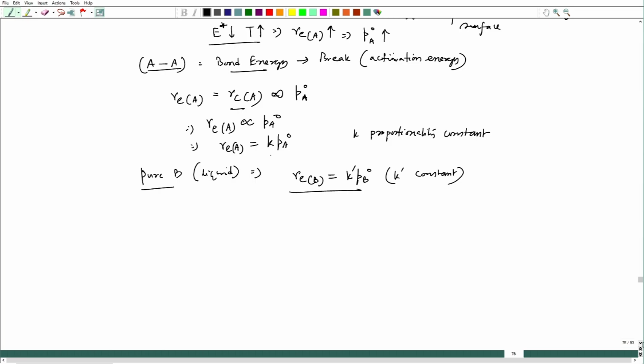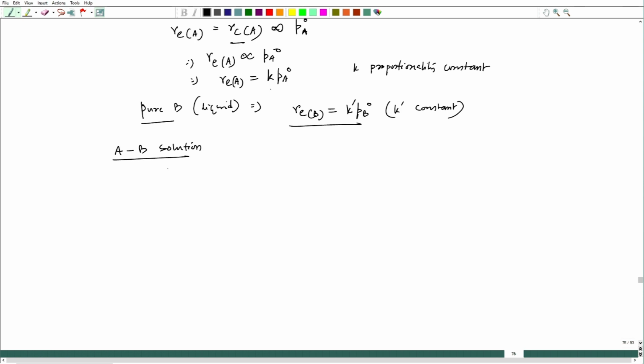Now, let us look at what happens if we talk about an AB solution. If we talk about an AB solution, then we now have 3 bonds: AA, BB and AB. Every one would have some bond energy, E_AA, E_BB as well as E_AB.